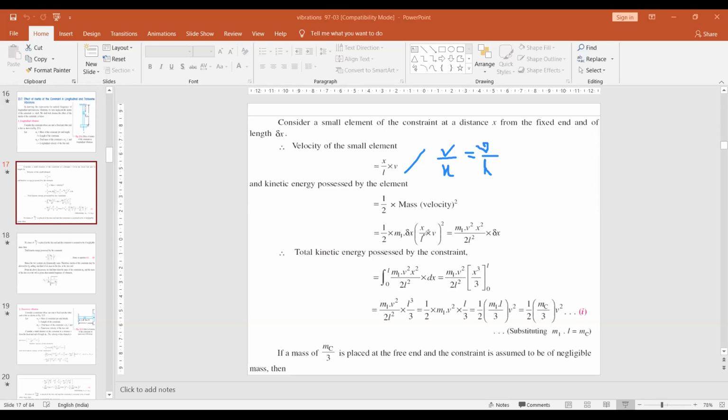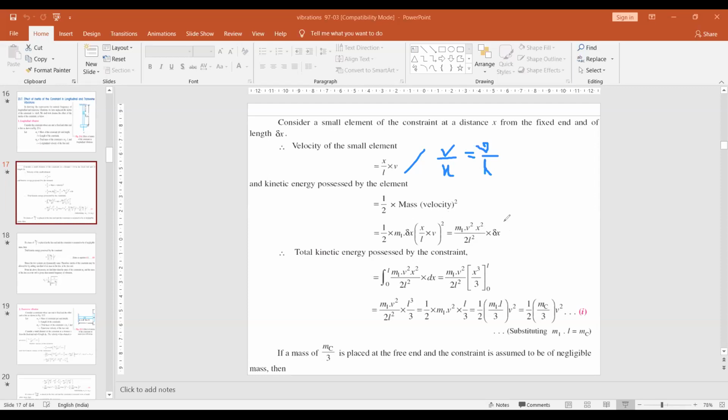So that is m1 into delta x, and the velocity value we found recently is x by l into v, whole square. When we simplify the equation, that value is m1 v square x square by 2 l square into delta x. So that is our kinetic energy of the element.